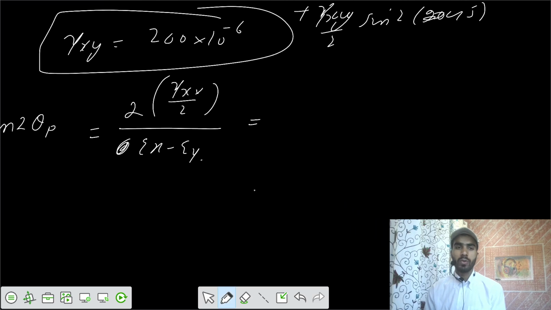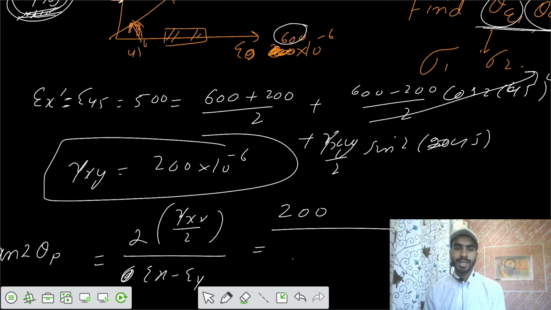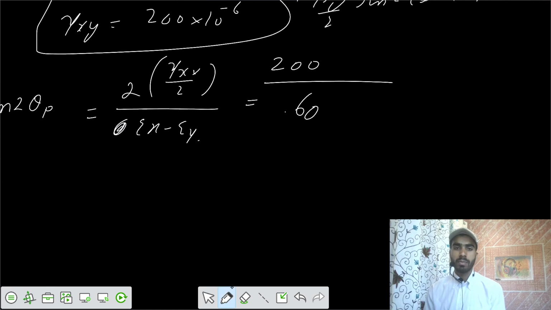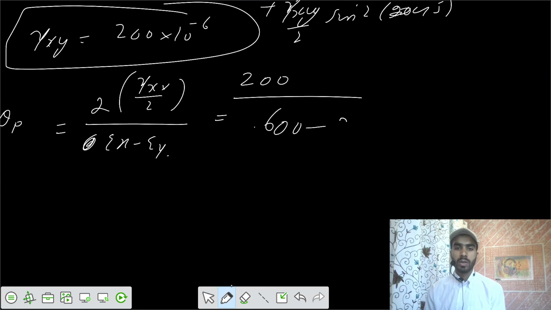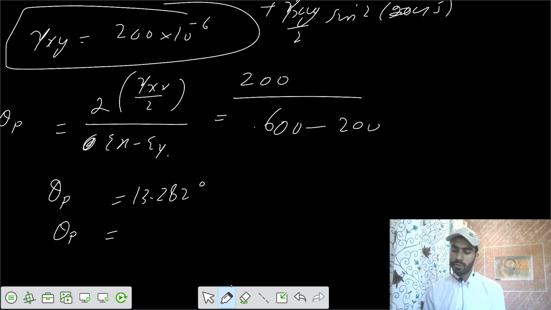So use the values: gamma xy is 200, ex is 600, minus ey is 200. So you get theta p equals 13.282 degrees, and the next one is at an angle of 103.282 degrees. Now you got the two values.